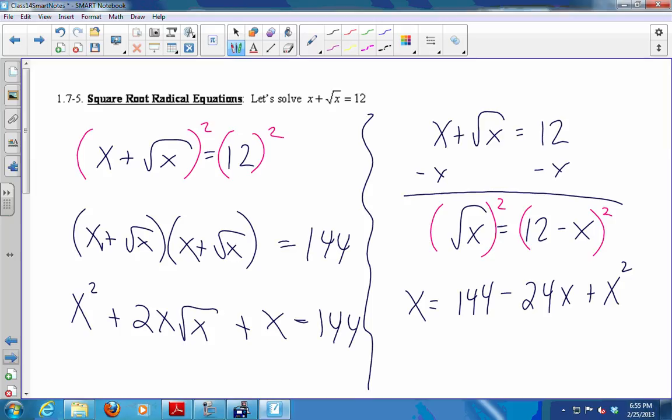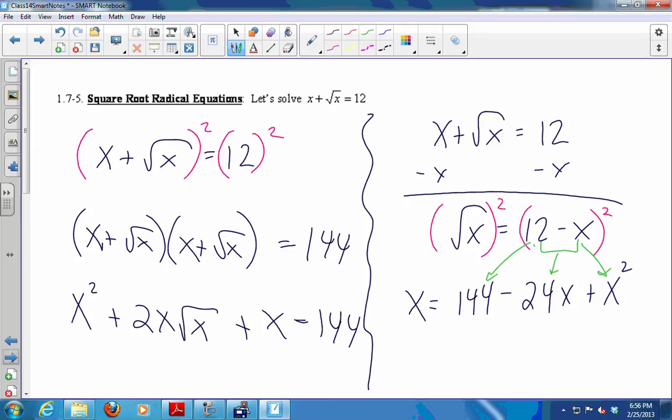But when I'm squaring a binomial like this, I say square the first term, square the last, take the product of the two terms and double it. Square the first, square the last, take the product and double it. It's not really a rhyme, but that's my little saying of how you square stuff.